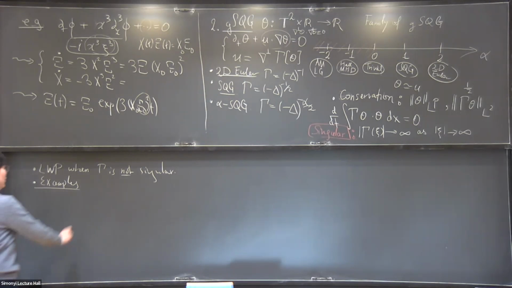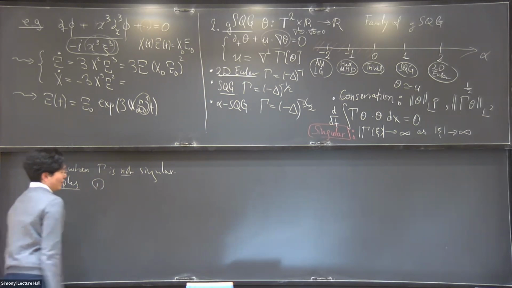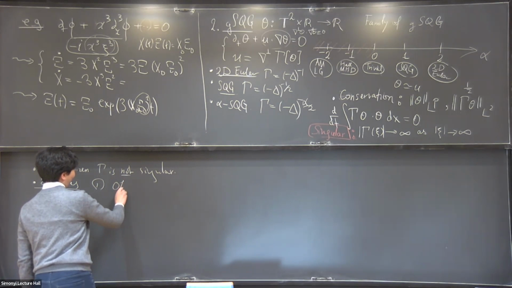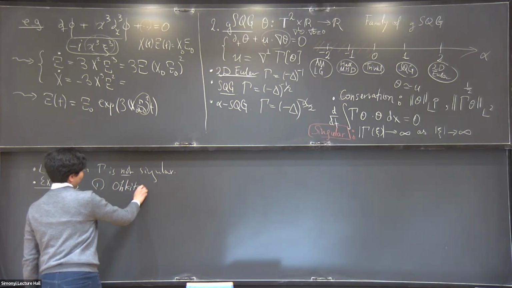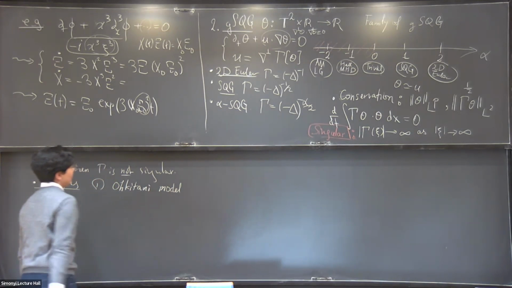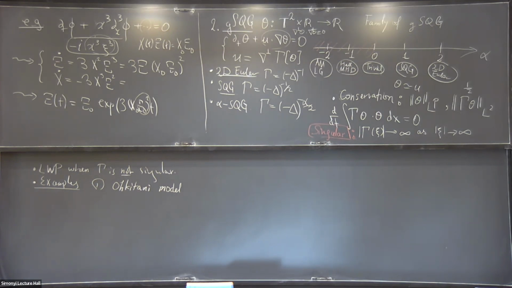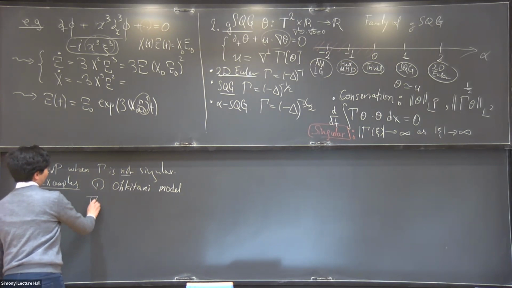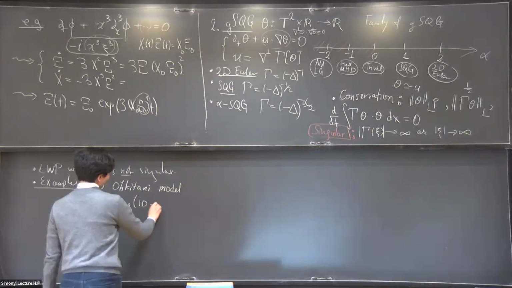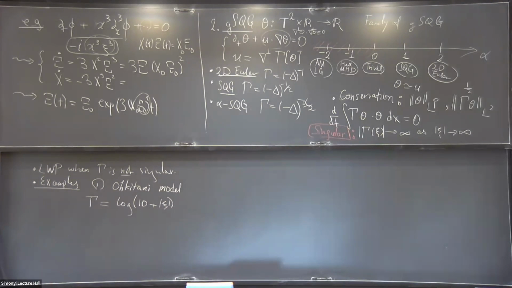First, I want to mention some models, the so-called Okitani model, which is basically when gamma is log of C. And this was introduced in a paper of Okitani.